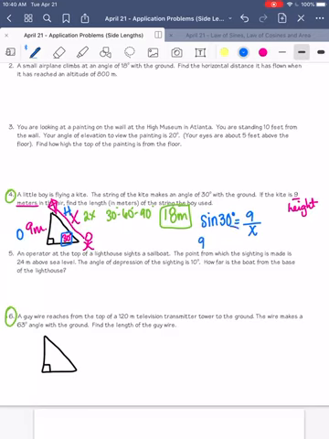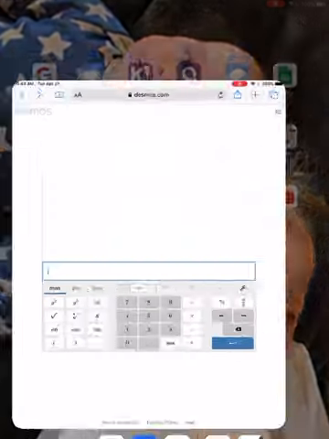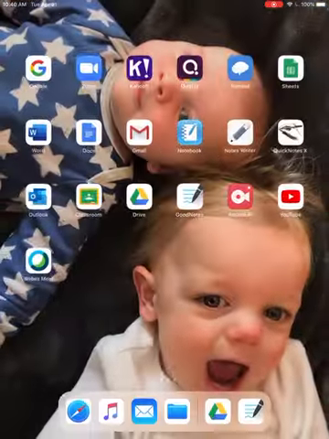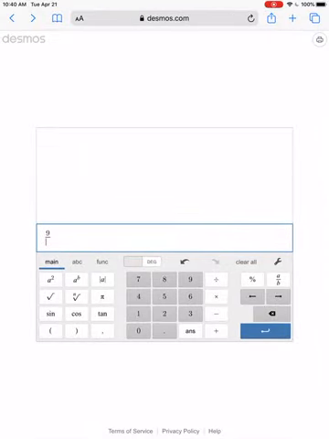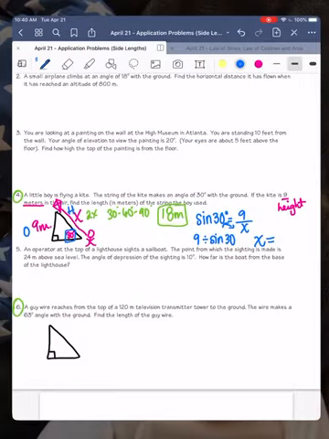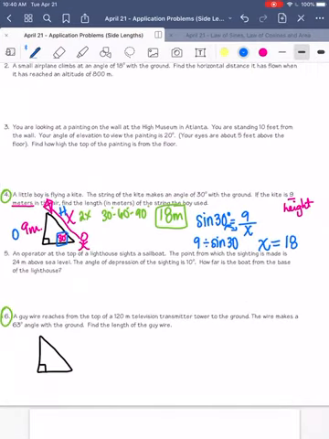So these 2 switch places if you remember. So it'll be 9 divided by sine 30. Normally I put approximately, but this one actually doesn't turn out to be approximate. All right, 9 divided by sine 30, and there's your answer, exactly 18. And then don't forget your meters. All right, so that's how you do that one.